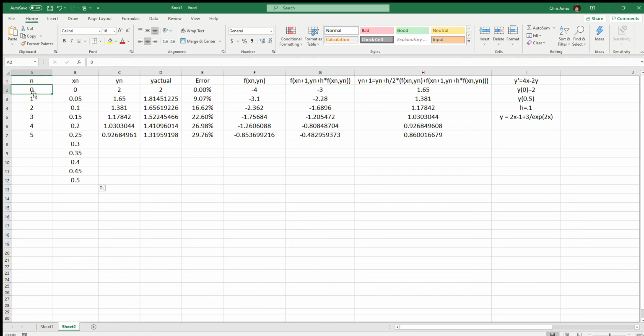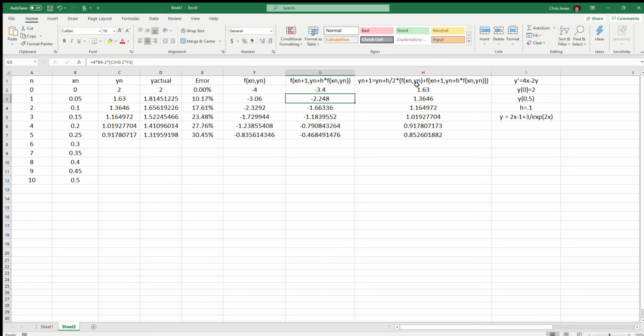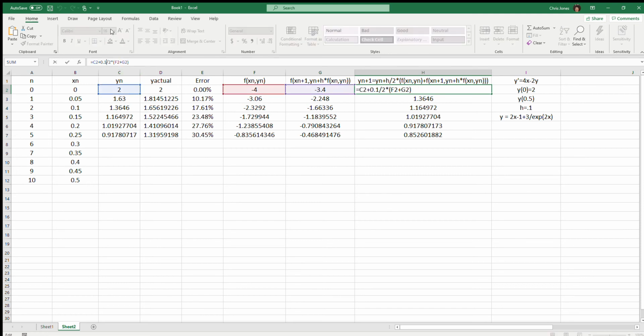Now this doesn't affect us, but I'm just going to drag it down. So over here, I'm going to drag this, and I'm going to change this to 0.05. And then I'm also going to change this in here to 0.05.